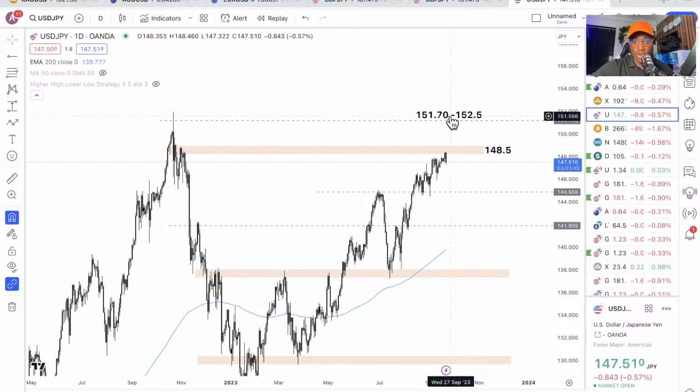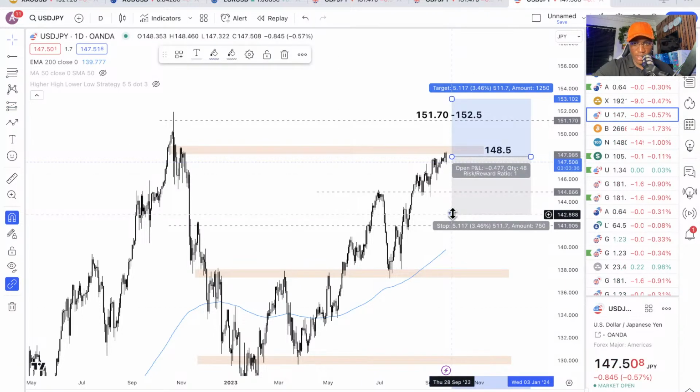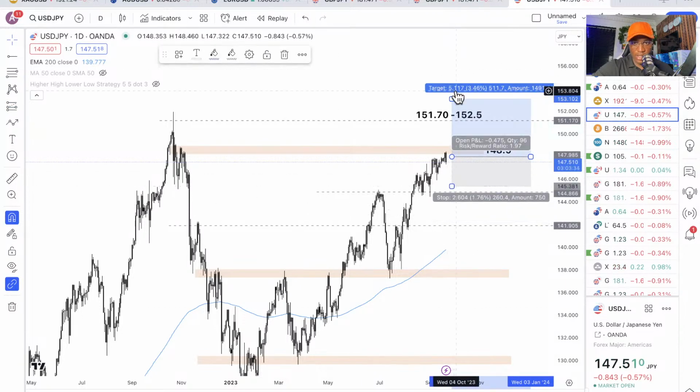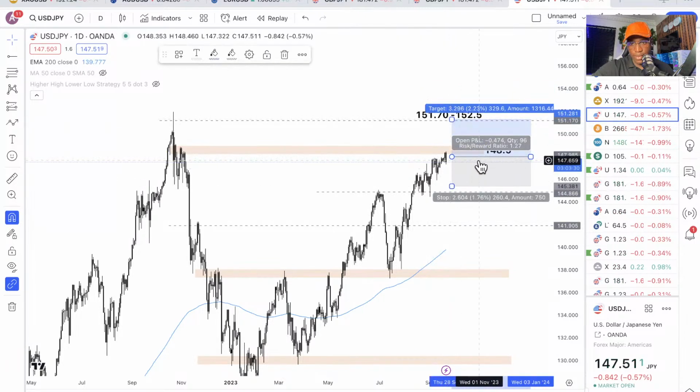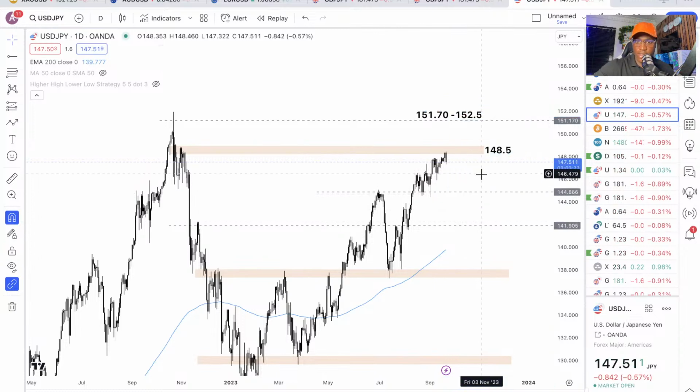If you're choosing to go long, okay, this is not necessarily a great spot to go long because your stop loss would be set at about 200 pips, right?